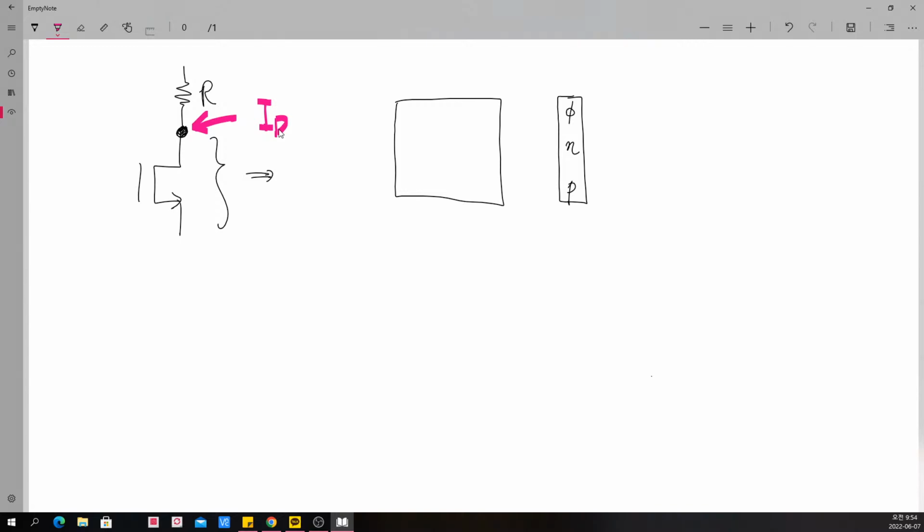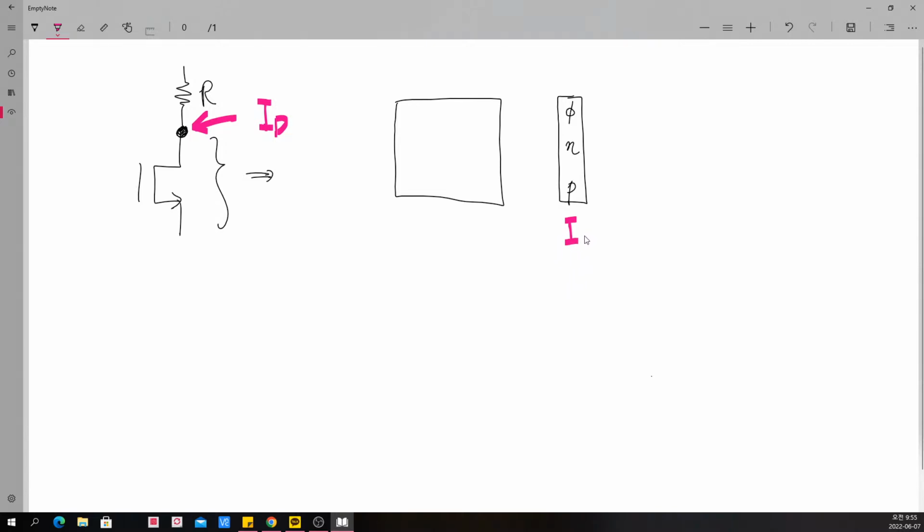Unfortunately, in this mixed mode simulation, just specifying potential, electron density, and hole density is not sufficient as a solution vector. You have to introduce additional quantities like the currents of your transistors.